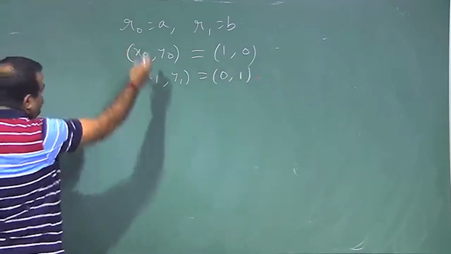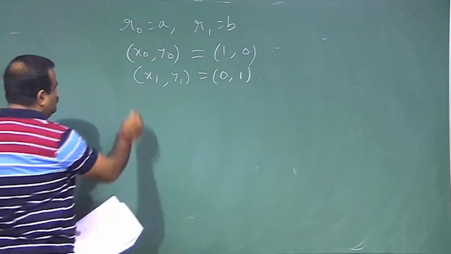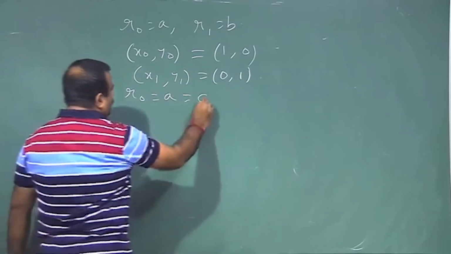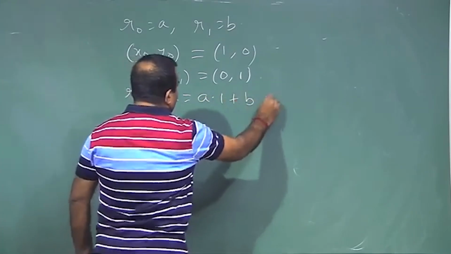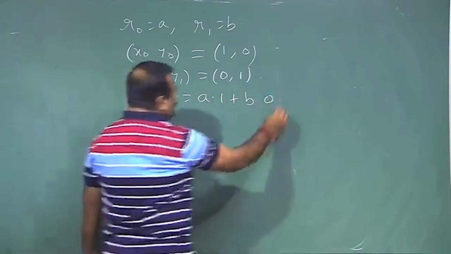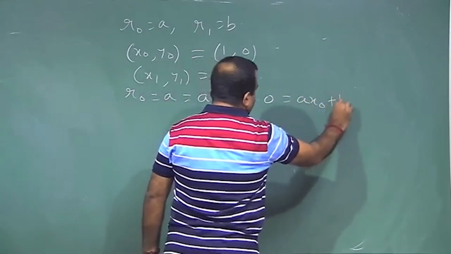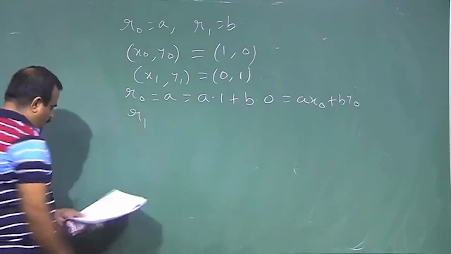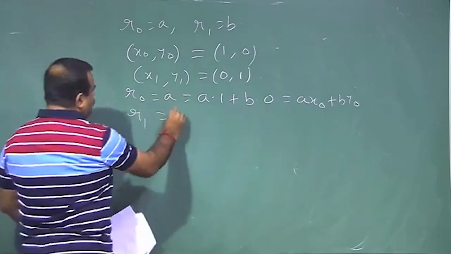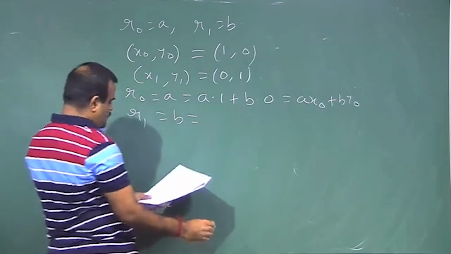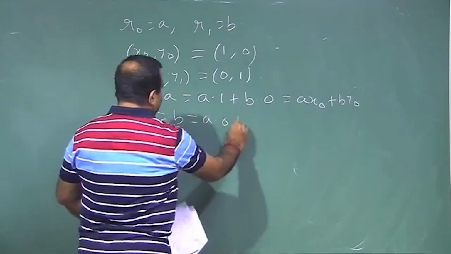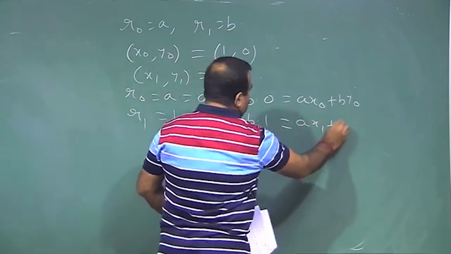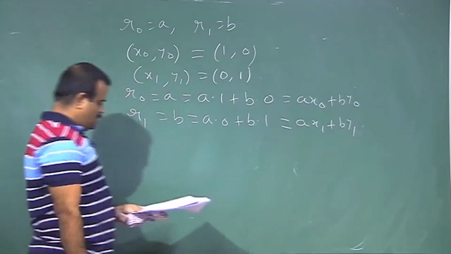We can just check it. R0 is basically A, which is A into 1 plus B into 0, so this is A x0 plus B y0. This is the initial case; we will prove by induction. R1 is equal to B, which is written as A into 0 plus B into 1, which is A x1 plus B y1.